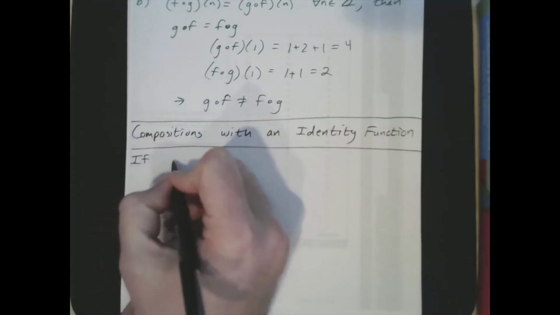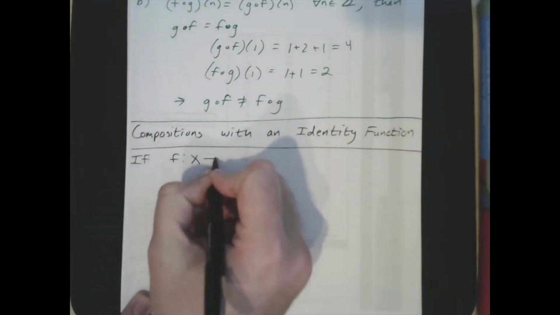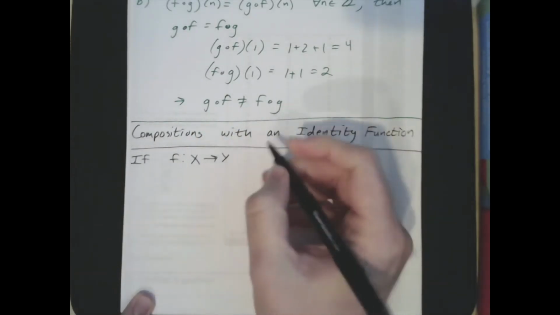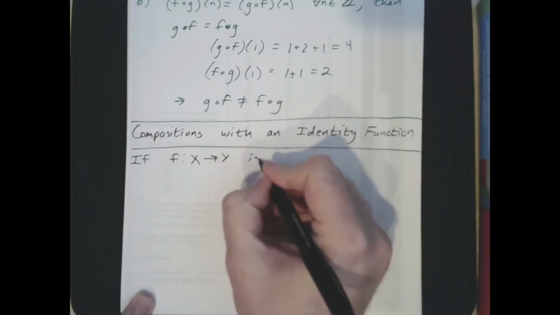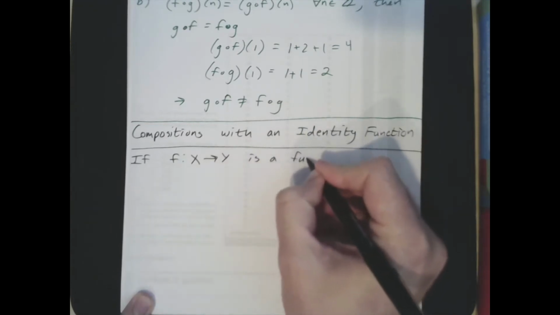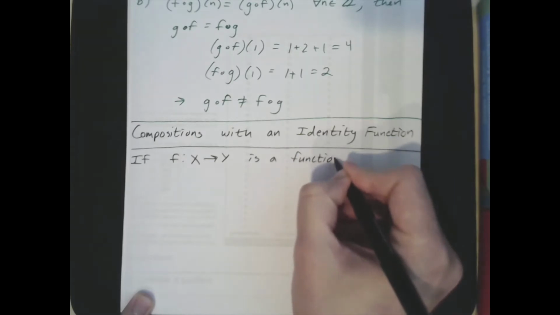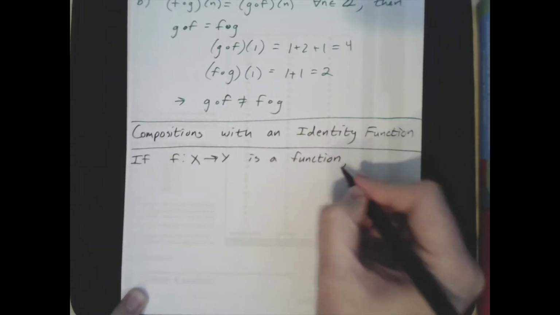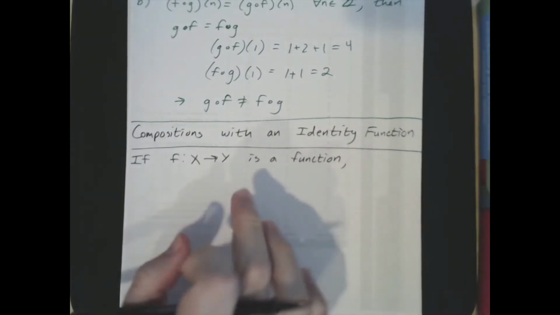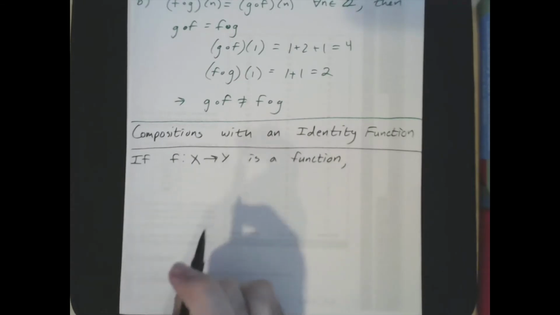So if we have a function, f, that maps x into y, so if f is a function, now, I do want to pause here. I know I wrote this before, and I probably wrote this in the last section.